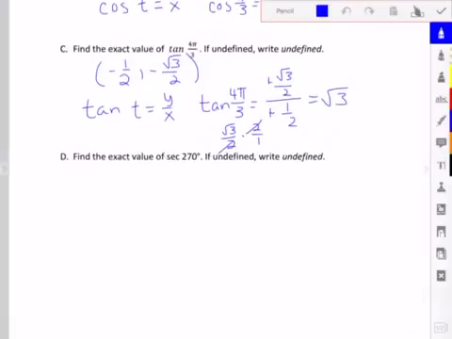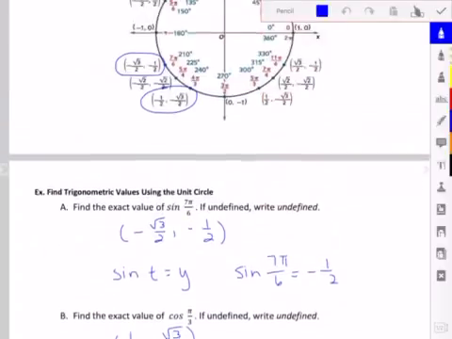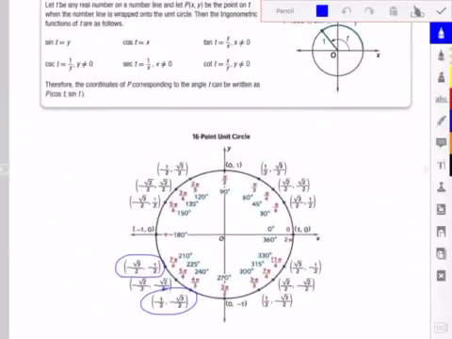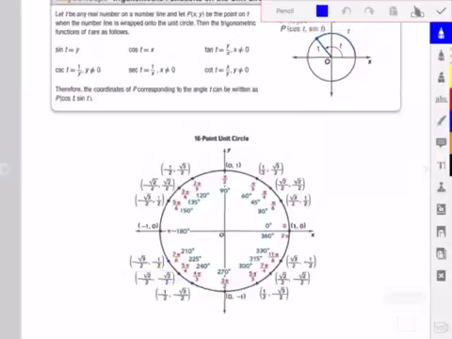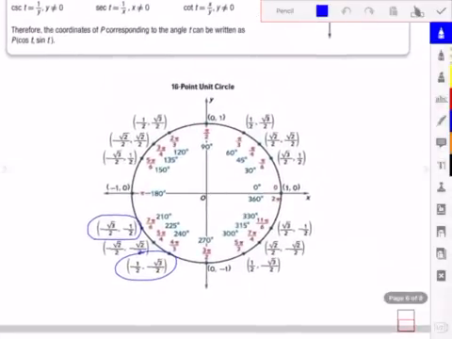Oh, I thought we were done. Here's one more. We're going to find the exact value of secant of 270. Okay, one last time. Let's go up here. Secant is 1 over x. 270, that's one of our quadrantals. We've got 0, negative 1.